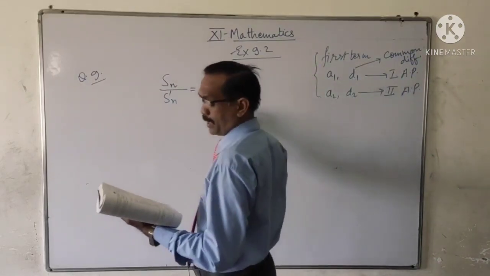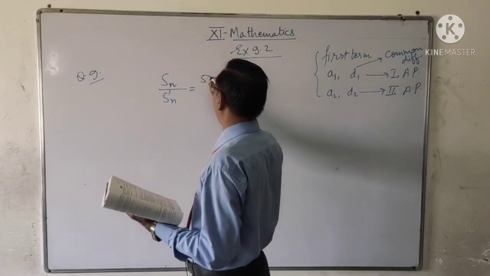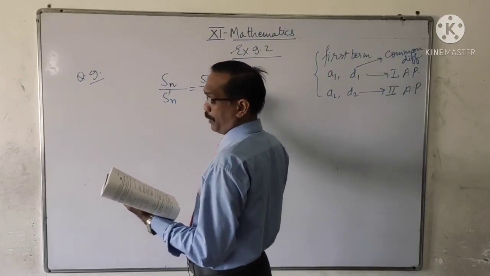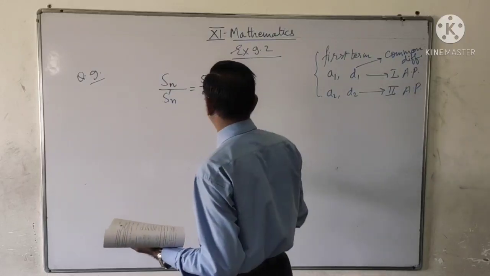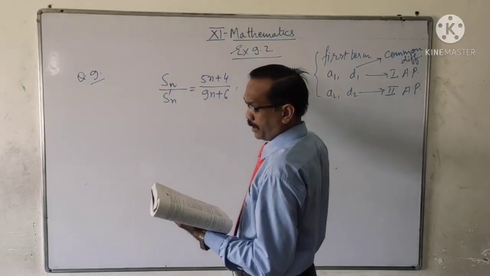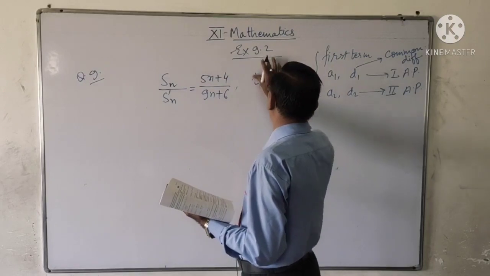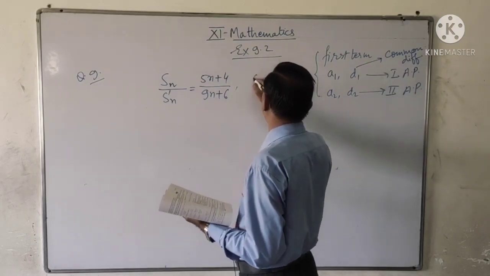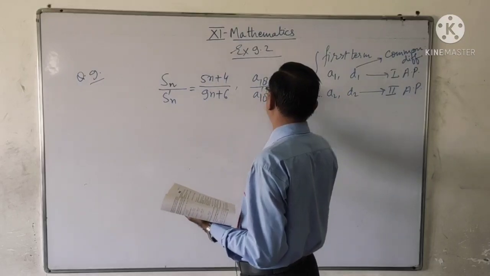Then Sn upon Sn dash is given here as 5n plus 4 upon 9n plus 6. You have to find the ratio of the 18th terms, A18 upon A18 dash.